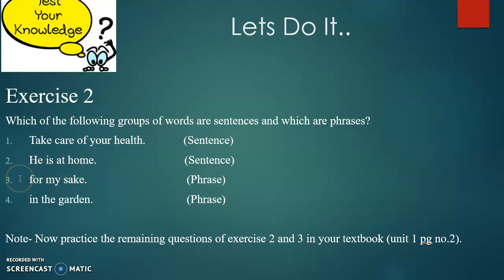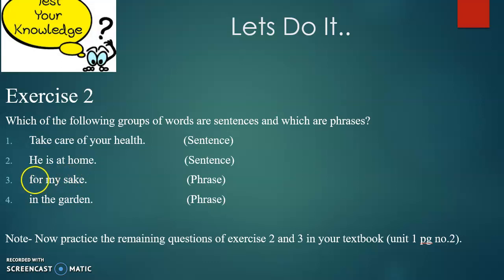Now in 3, for my sake. Here, students, you can check this. You can see here the group of words is not in a proper way, is not giving a good sense, and is not having a verb.